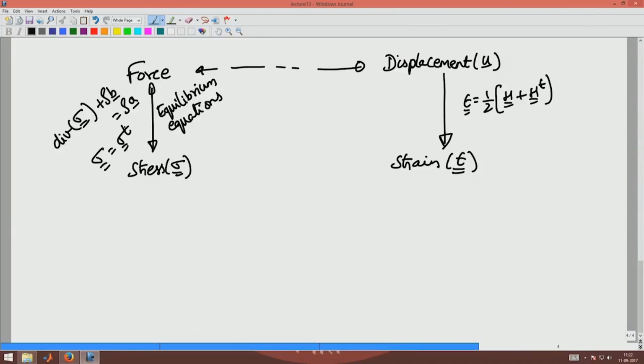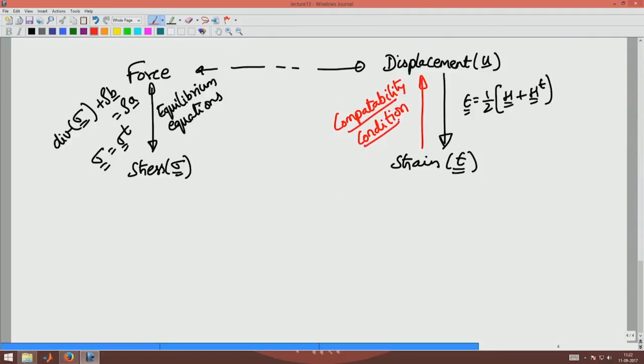You have seen these equations. Now, what you are going to see is the equation that connects the strain to the displacement, that is the compatibility condition. This is what we are going to look at now.